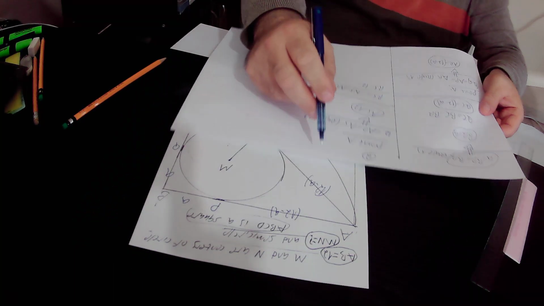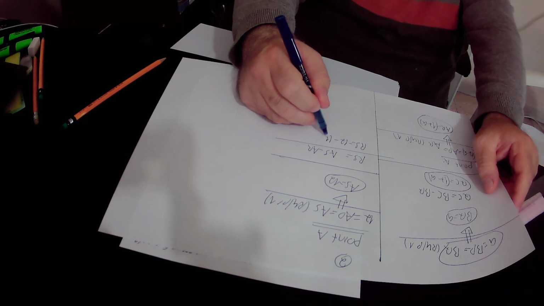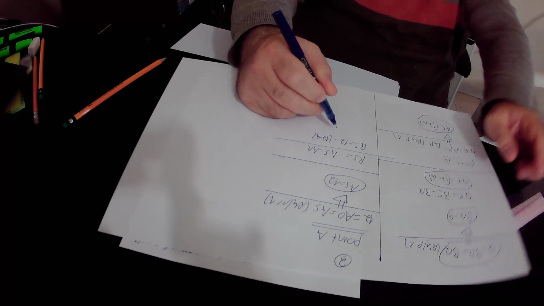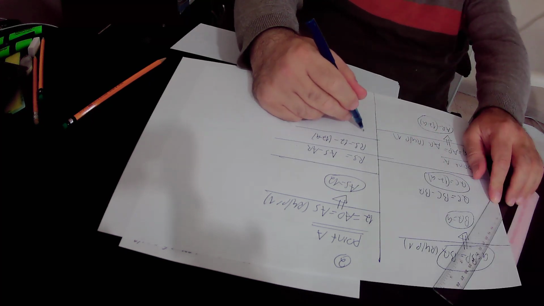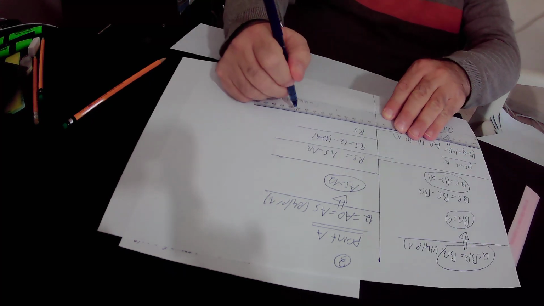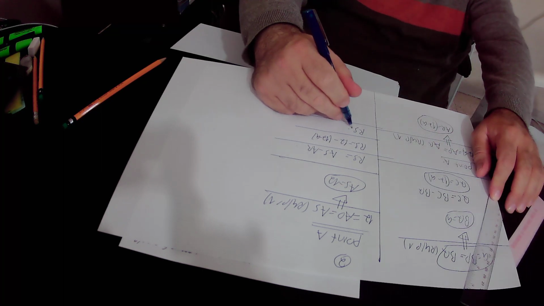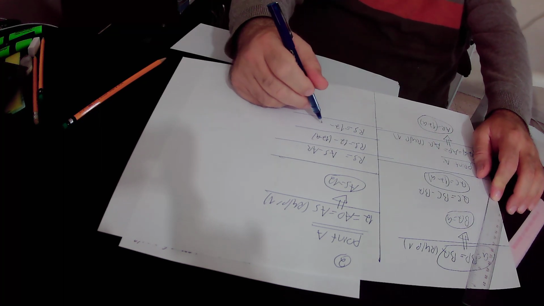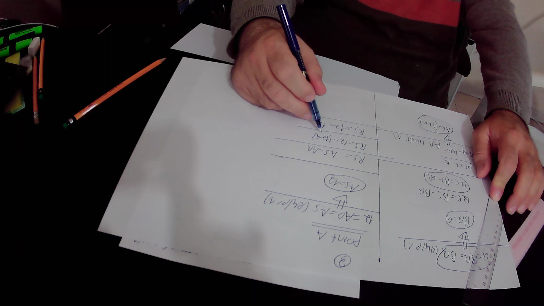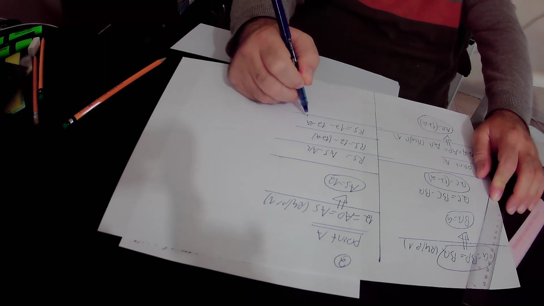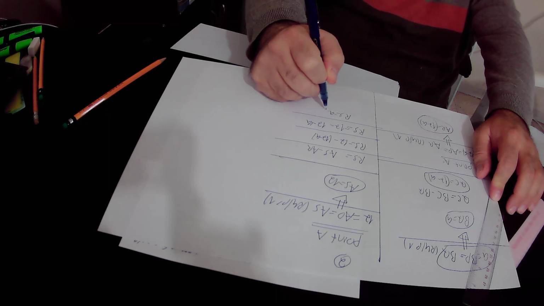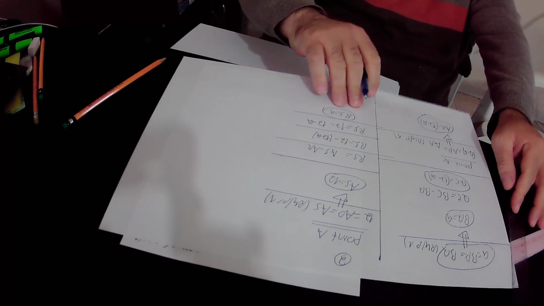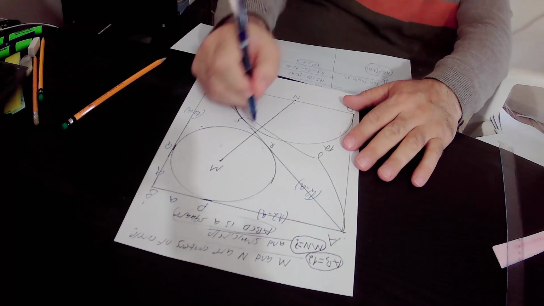We already found out that AR equals 12 minus A. In conclusion, RS is equal to 12 minus 12 plus A. 12 minus 12 is 0. So in conclusion, we found out that RS equals A units. So we can write here that RS is equal to A units.